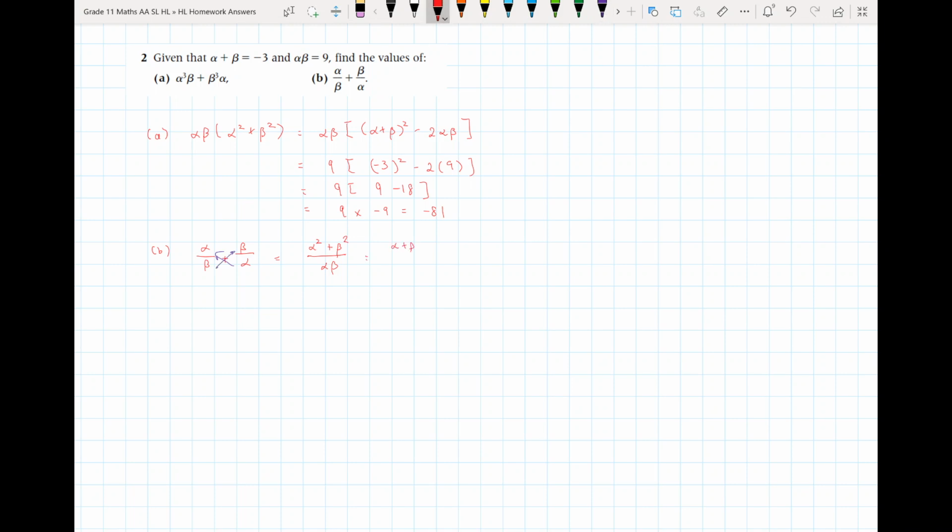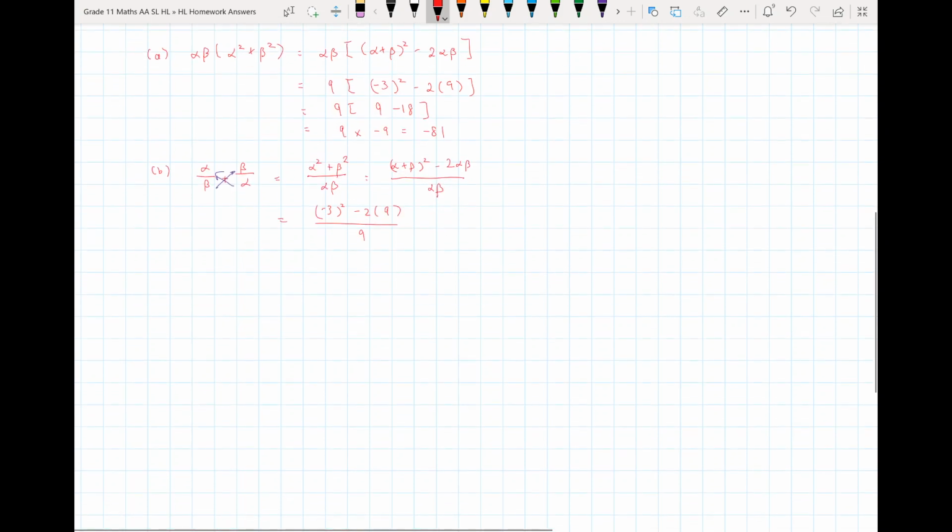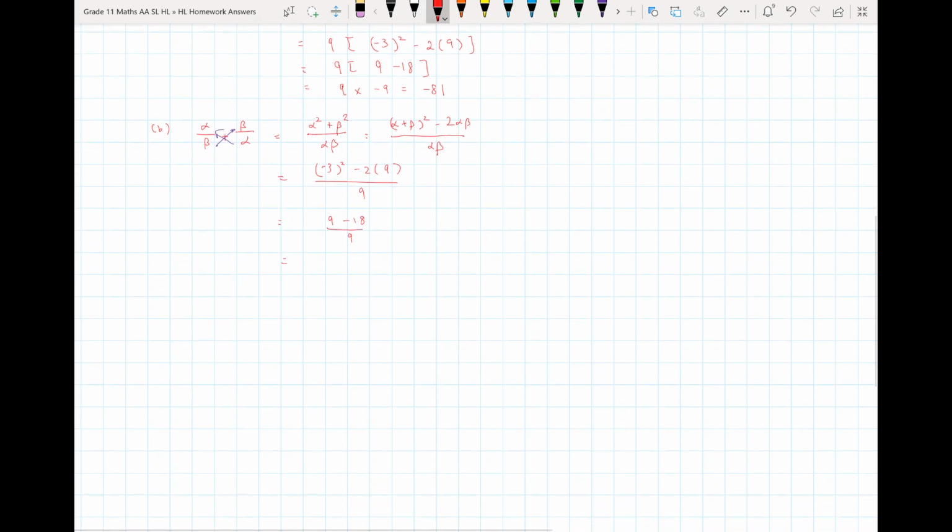Again, we're going to make use of this identity and substitute. That's just 1 minus 2, which is negative 1.